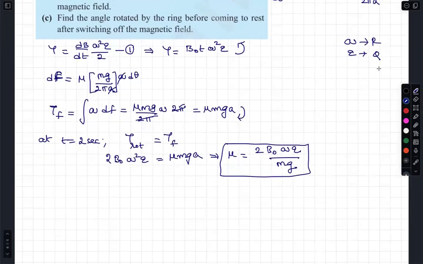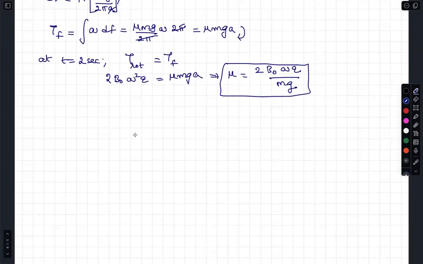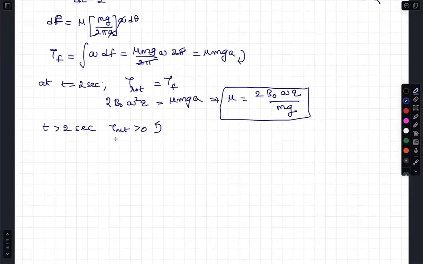What is happening after 2 seconds? The rotating torque dominates over friction. So for t greater than 2 seconds, net torque will be greater than 0, and that is in anti-clockwise sense. One thing is very clear from this question: the effect of tau friction is tau b at t equal to 2.